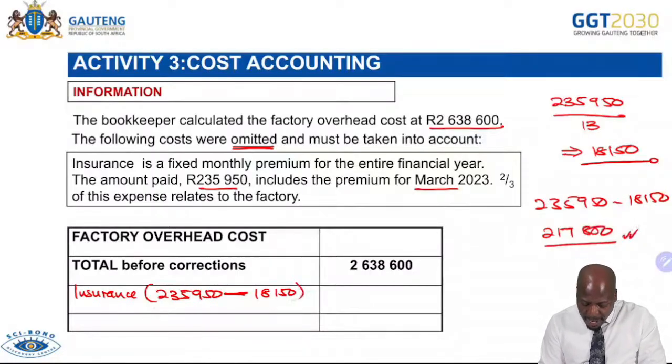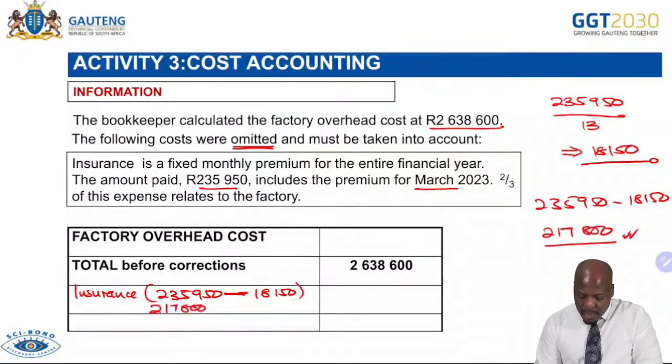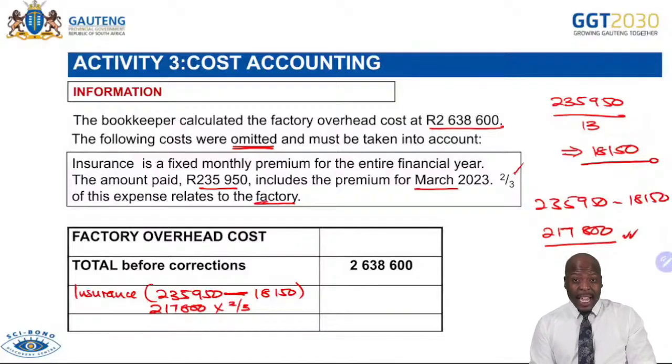Once I get my 217,800, I can say this must be split because two-thirds of this expense relates to the factory. So I'm going to say 217,800 multiplied by 2/3, because 2/3 relates to the factory. All right, how much do you get?